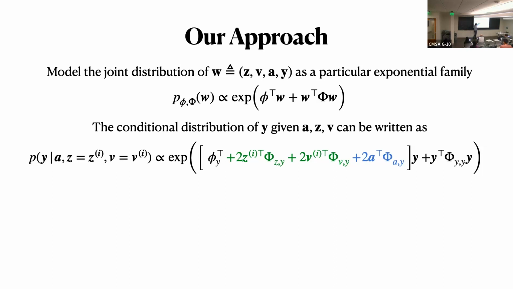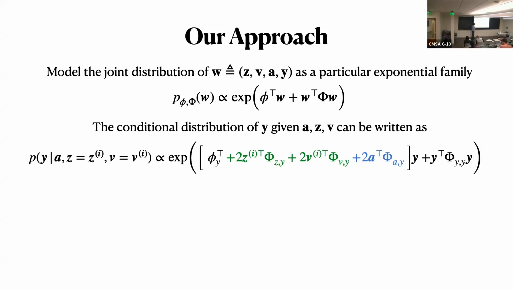But a more complicated version would be generic second order. And so there I've got parameters, let's call them phi and psi. Let's not try to pronounce them. The variable W is just a tuple of all four things.